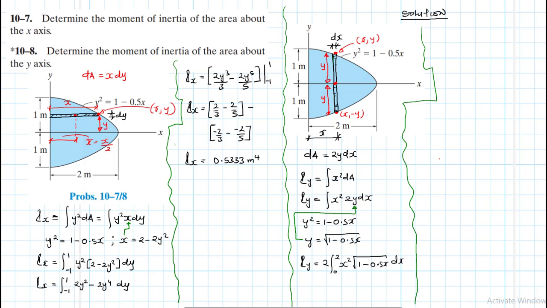Let's move on to the new space. So our Iy is going to be equal to, when you look at this integral, we have the root. So one of the ways we can solve this is by substitution.